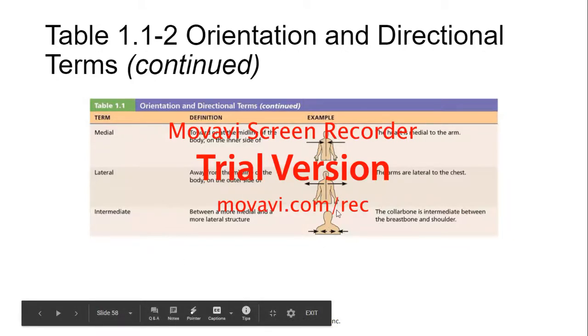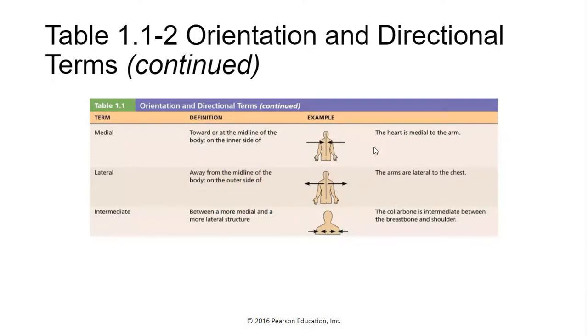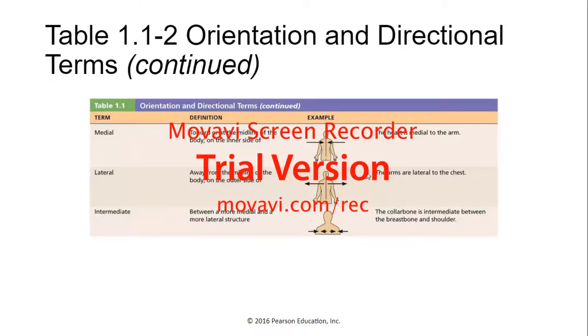And again, you see the examples, they use actual organs or body structures, okay? So the heart is medial to the arm, okay? The arms are lateral to the chest, and the collarbone is intermediate between the breastbone and the shoulder.